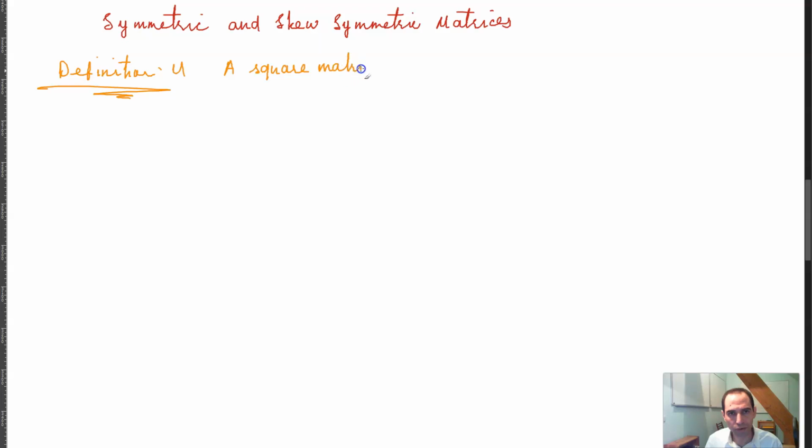A square matrix A equal to A of ij is said to be symmetric if A transpose is equal to A.